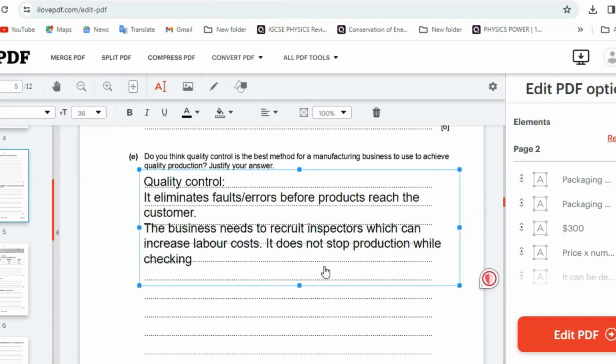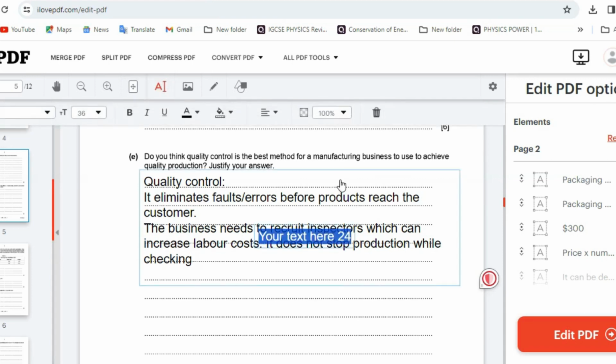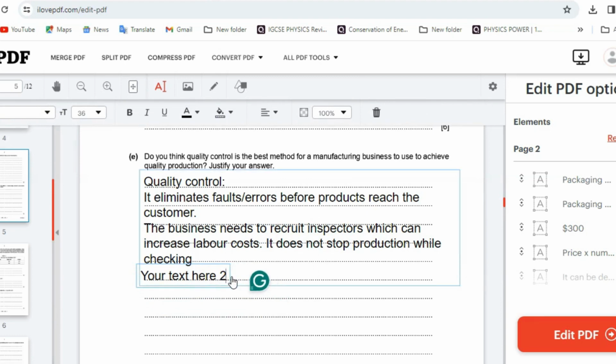Now let us see what we have for quality assurance, whether using quality control is the best way or using quality assurance is the best way. Okay, this for quality assurance.